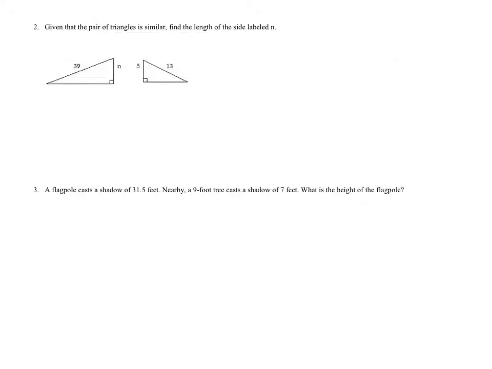Now let's use this information to get some solutions to sides we don't know for triangles. So we're given that these triangles are similar, and I want to find this value. So I look at 39, and that corresponds to 13. So here we go. So 39, big triangle, is to small triangle, as N, which is the big triangle, is to the small triangle of 5.